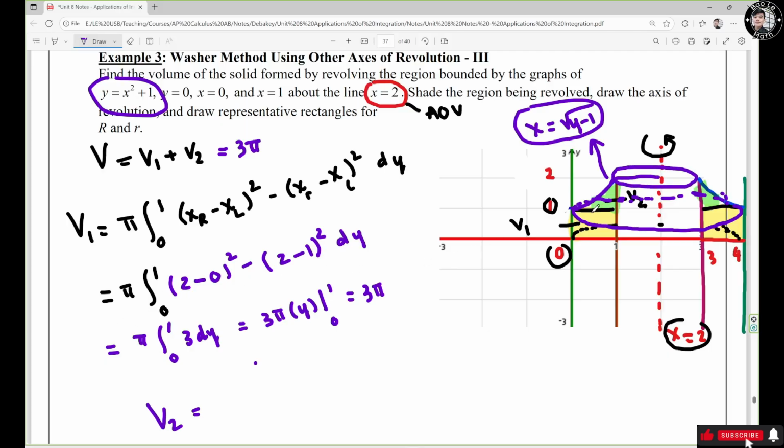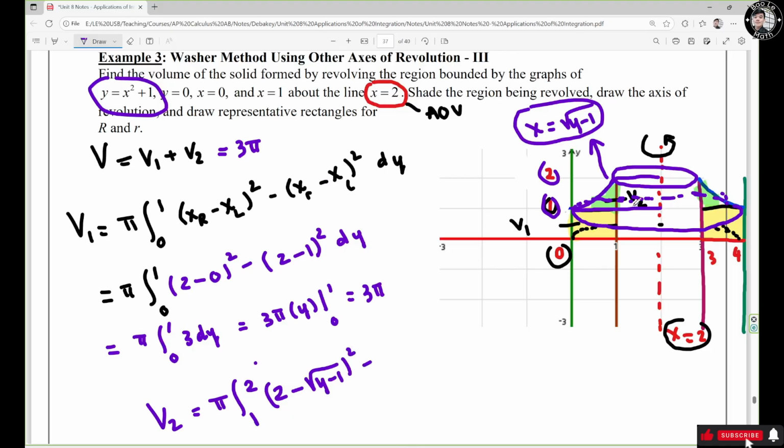Alright, so you have pi times the integral, in this situation from 1 to 2. The bigger radius is the distance from here to here, so it's going to be 2 minus square root of y minus 1 all together square.